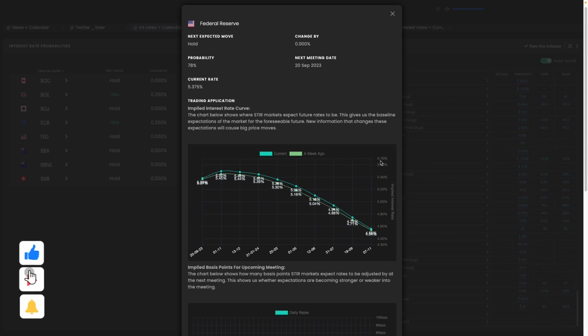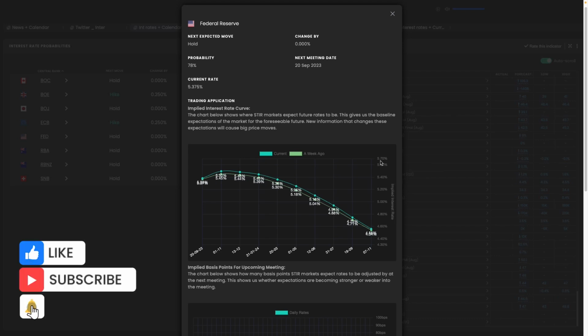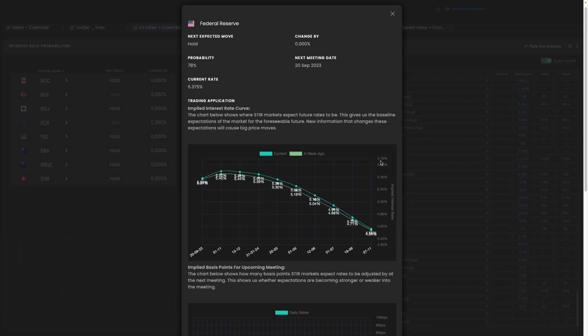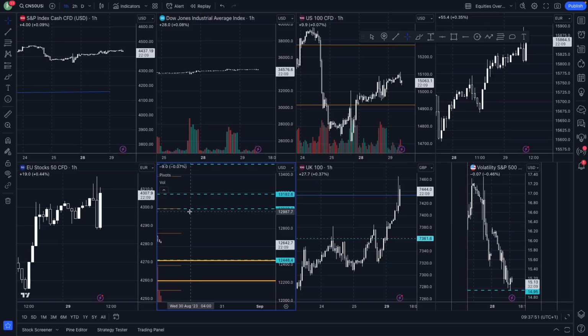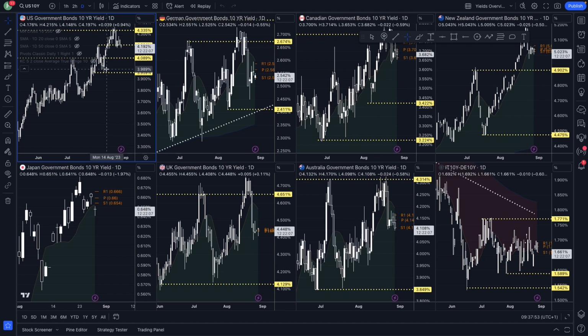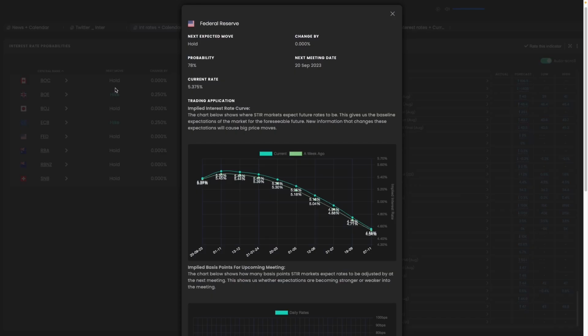So, if the R star rate, the neutral interest rate, was revised higher, what does it tell us? Well, it tells us that the Fed's more concerned about rising inflation than they have been previously. And in the current context, if the neutral interest rate was revised higher, then we'd see yields move to the upside, we'd expect stocks to move lower, and we would expect the dollar and dollar yen to gain. So that would be if the Fed's neutral rate is revised higher.